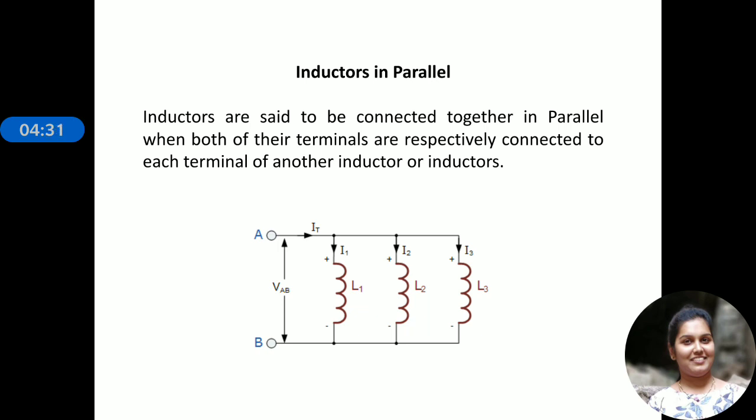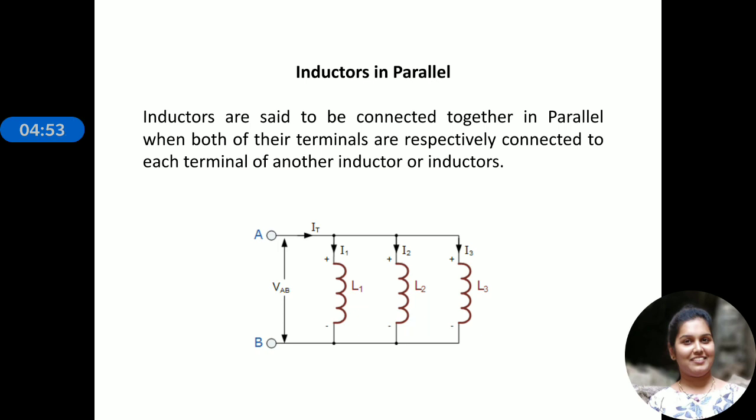So the total inductance LT will be equal to the sum of individual inductances, L1 plus L2, L3 up to the n number of inductors that are connected in series.